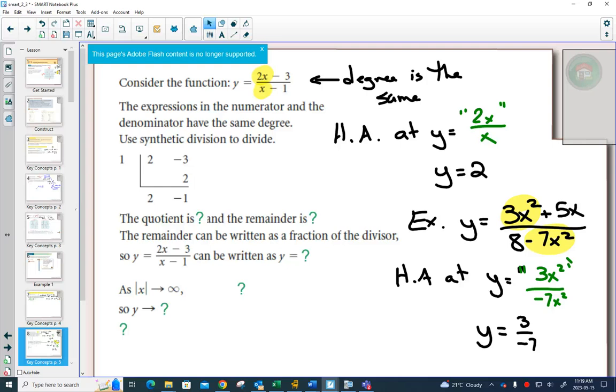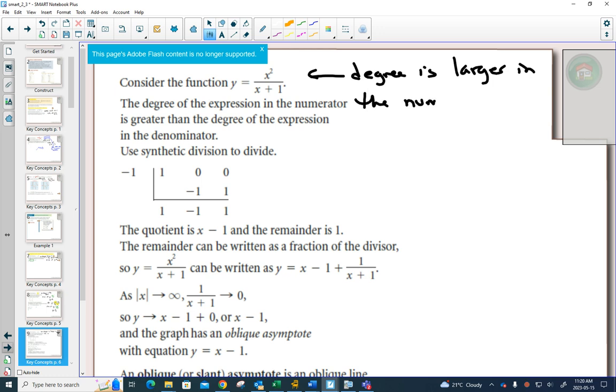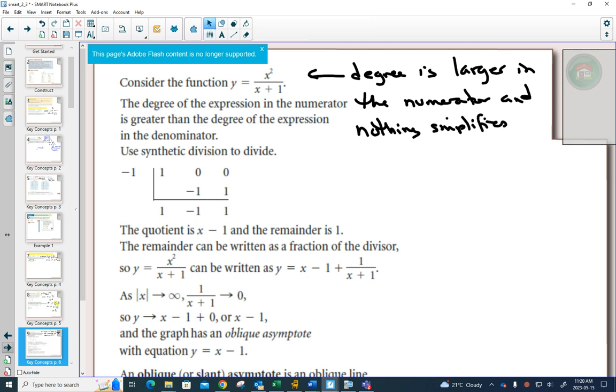And the last type is when the degree is larger in the numerator, and I'm going to write nothing simplifies, okay? Because we did an example already where the degree was larger in the numerator, but something simplified.